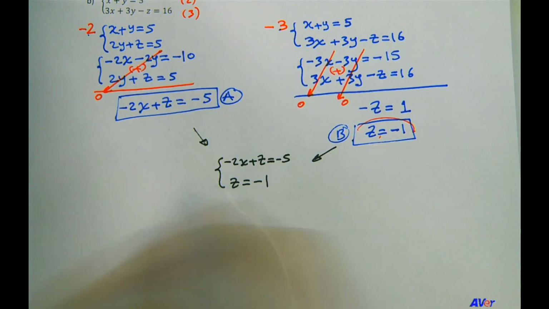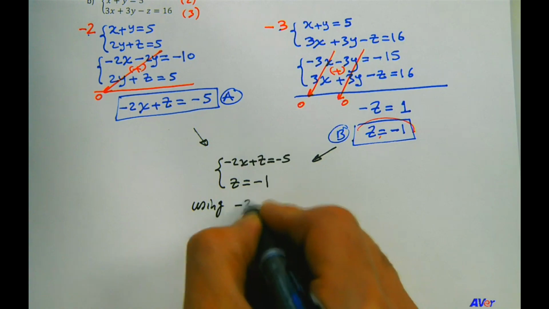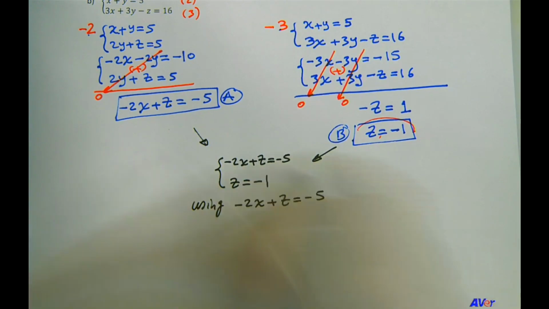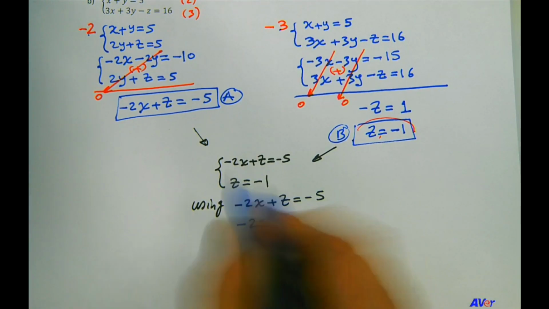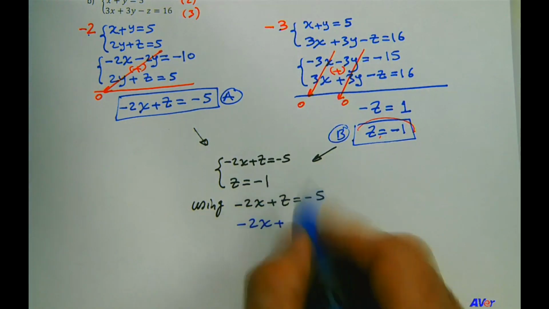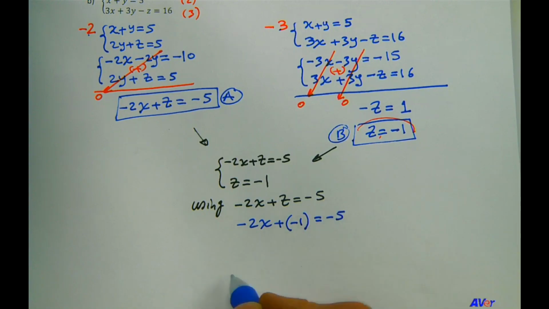So using minus 2x plus z equals minus 5, minus 2x, plus z, which is equal to negative 1, equals negative 5.